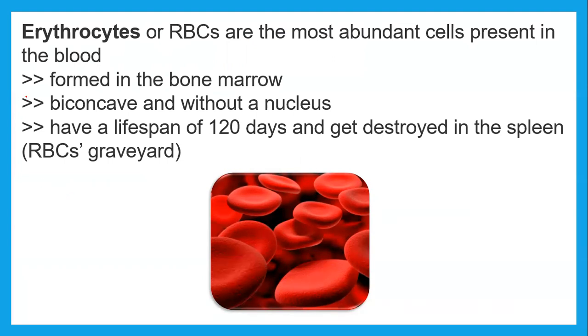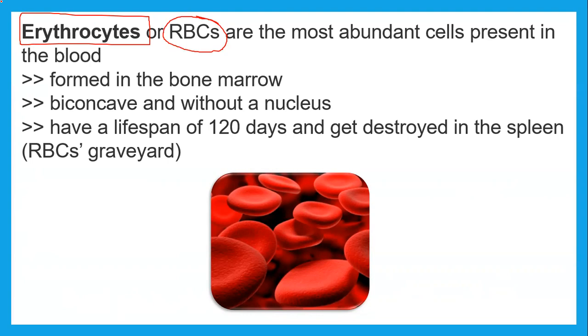Next, we are going to discuss the erythrocytes. Erythrocytes, as we have been telling constantly, are also known as RBC. When a cut or injury happens in the body, what do you see over there? You will see that the thing that is coming out is red in color.